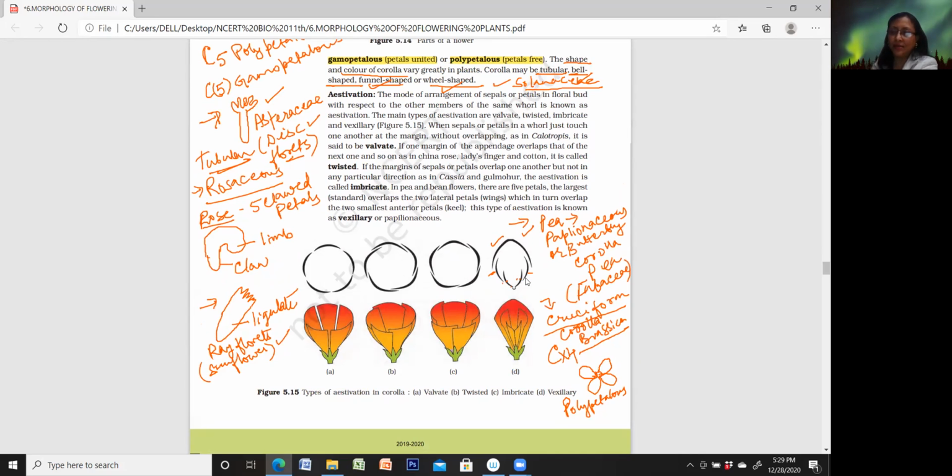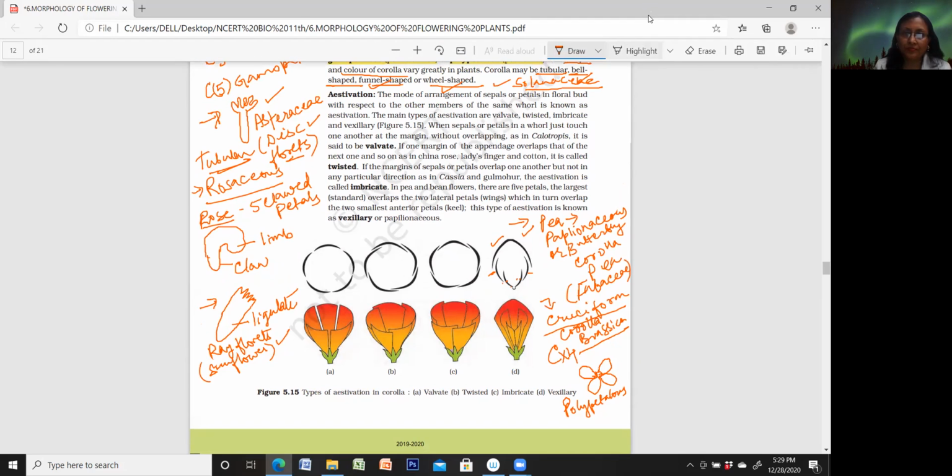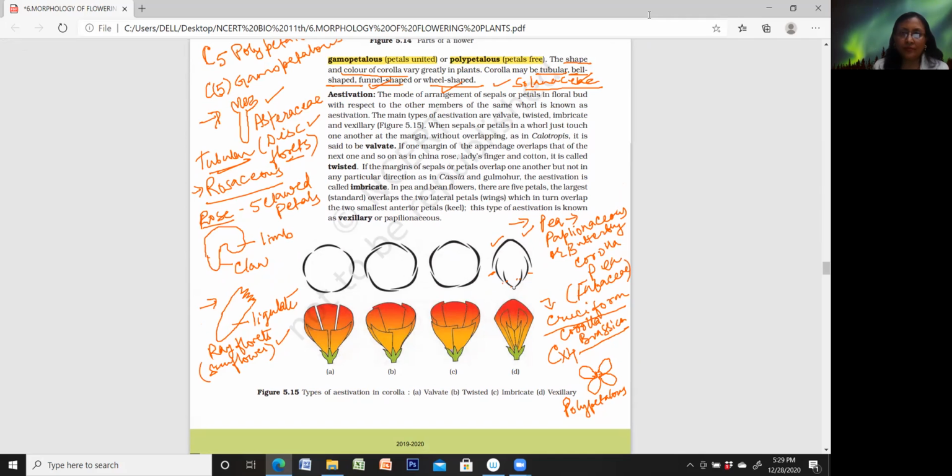Now, what is this aestivation that we talk about? The mode of arrangement of the sepals or petals in the floral bud with respect to the other members of the same whorl. That means how a sepal is arranged with another sepal, is it overlapping or not overlapping, or a petal with respect to another petal.